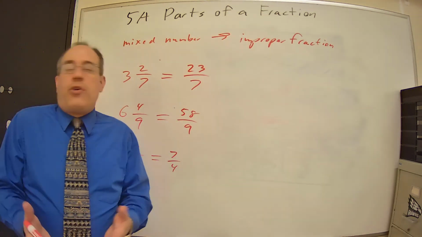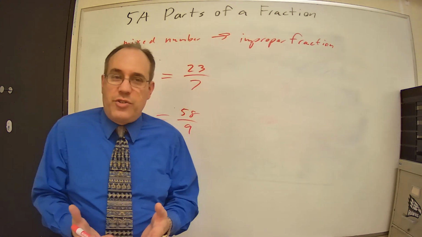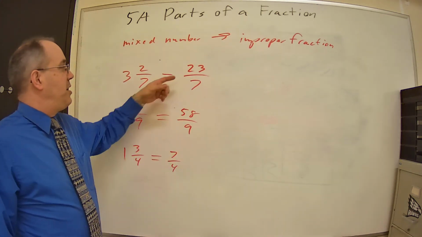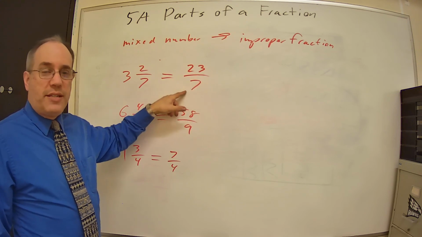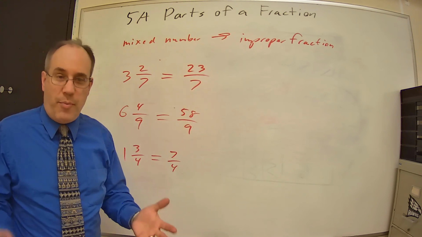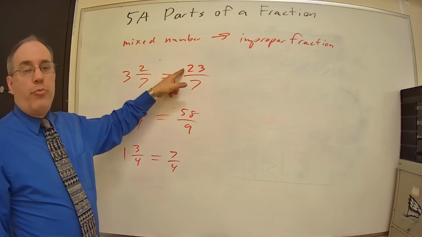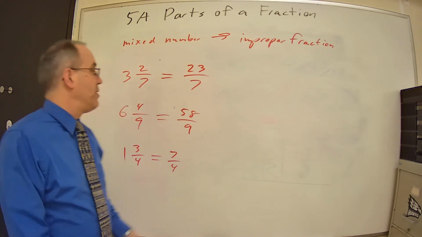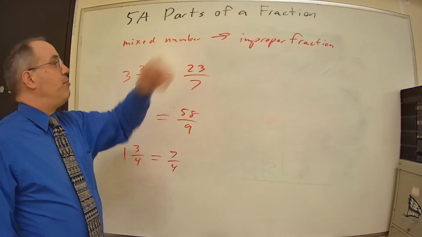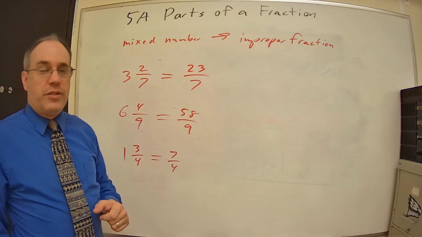So we've got an intro of what fractions really are. They're just the denominator telling us how many pieces it takes to make a whole of something, and the numerator telling us how many pieces we have. And then getting into mixed numbers and improper fractions.